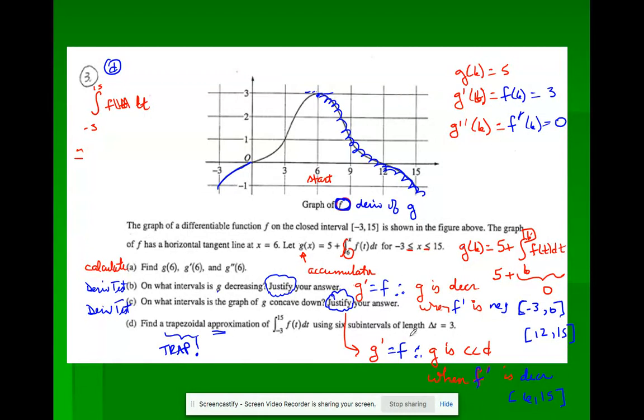Is approximately the trapezoidal rule using 6 subintervals. Delta t is equal to 3.